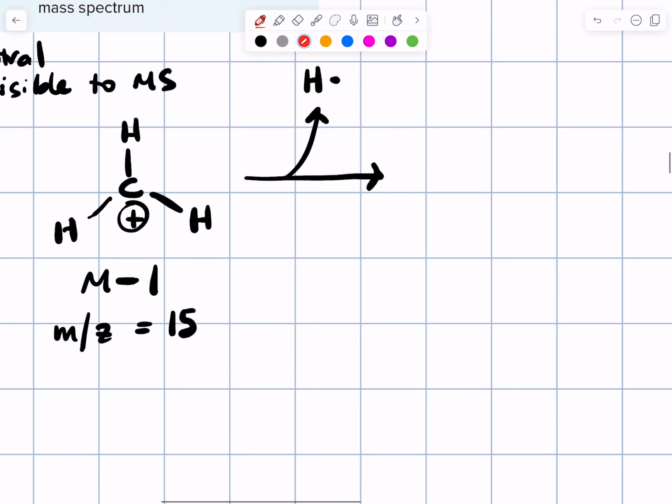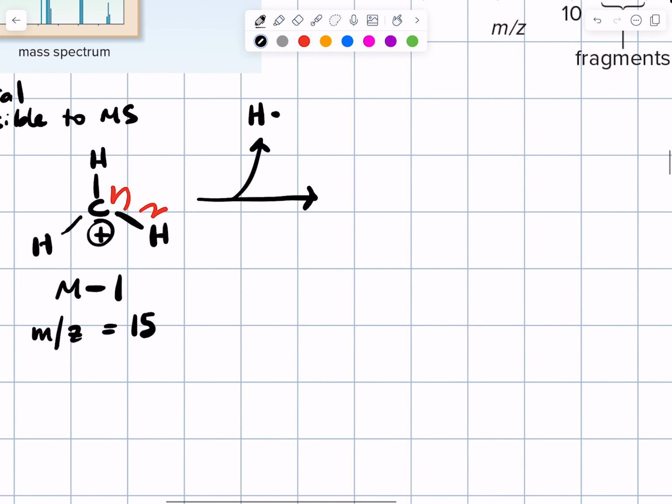You've learned, by the way, that carbocations, especially primary or methyl carbocations, are not that stable. And if you accept the idea that we're at a really high energy, then it would be possible to lose a single hydrogen to get to this CH2 radical cation, which would have m over z of 14.